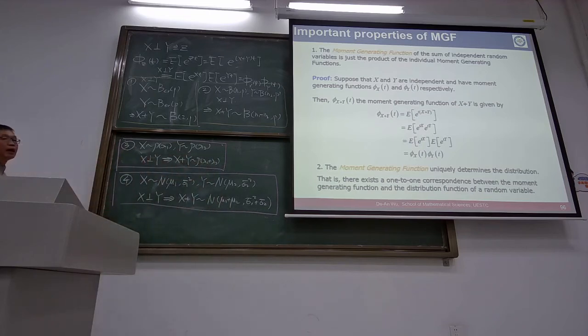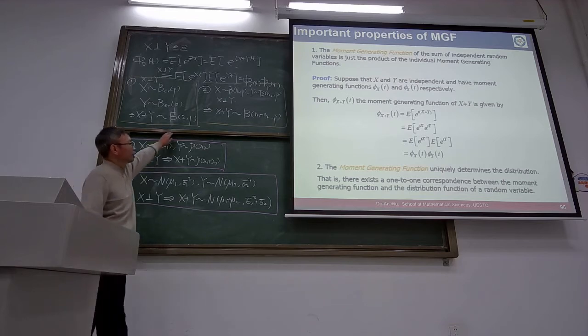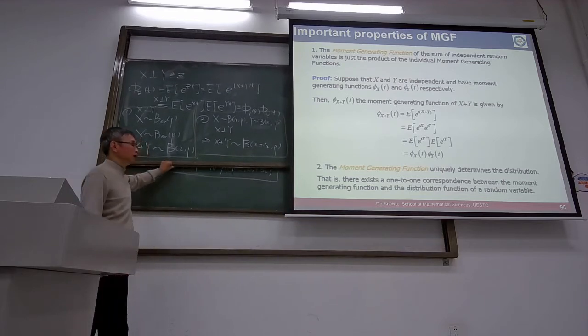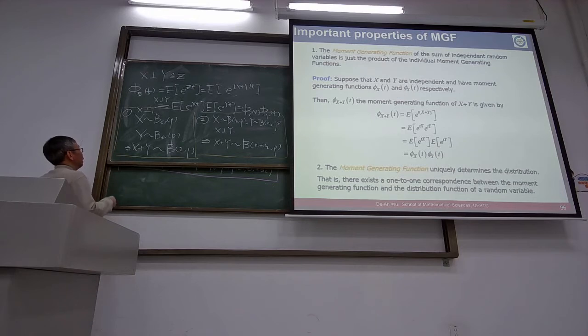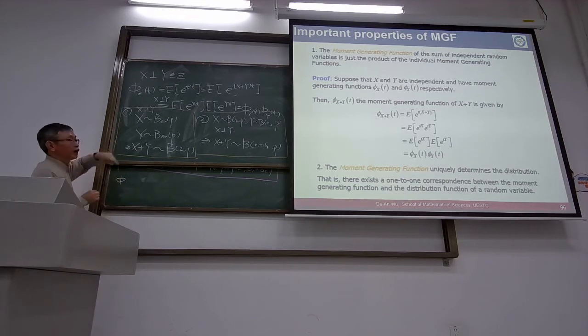This is known as the additive property of discrete and continuous random variables. Actually, using the moment generating function, it is very easy to show this. We recall the moment generating function for the first case.